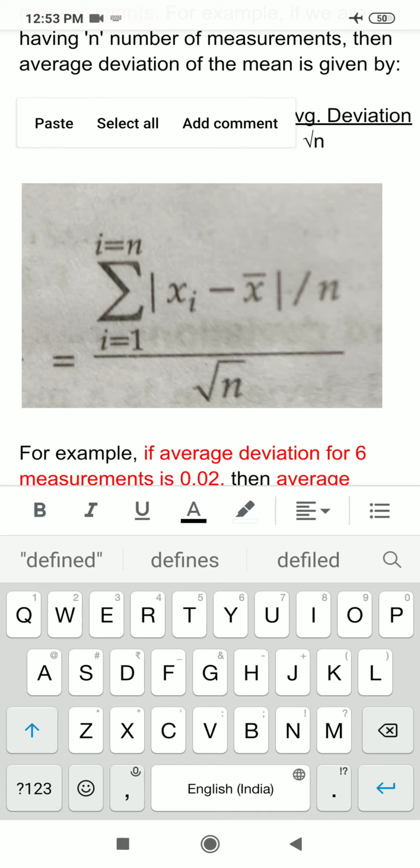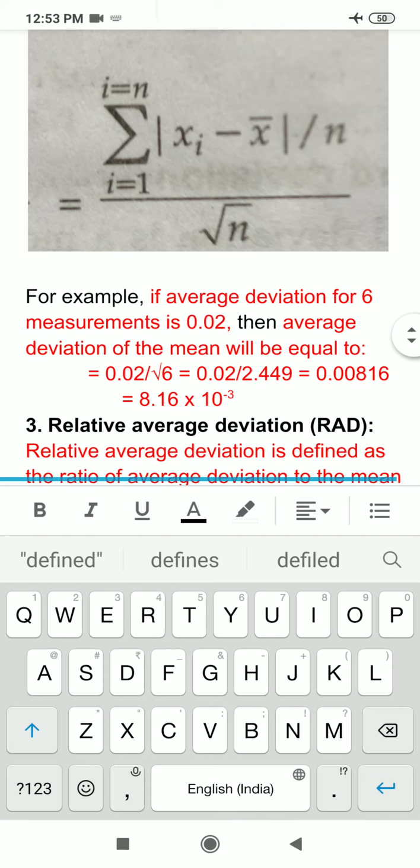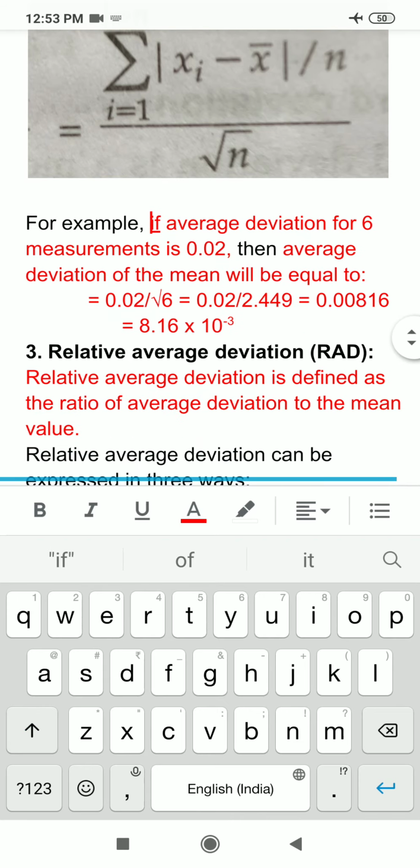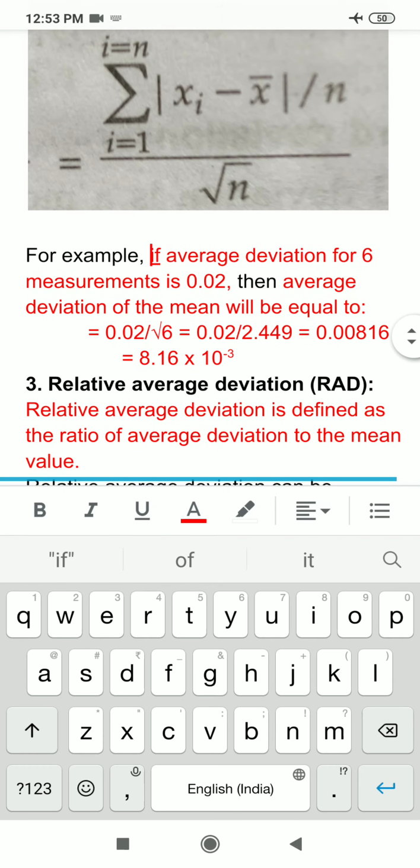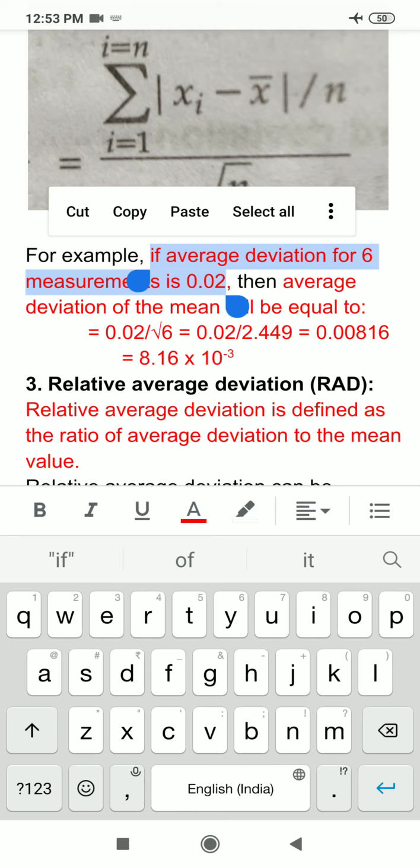Now taking an example, suppose we have an example in which the average deviation for 6 measurements is 0.02.